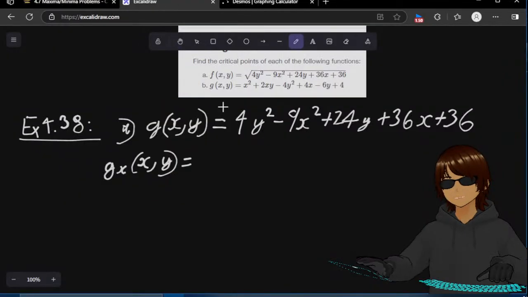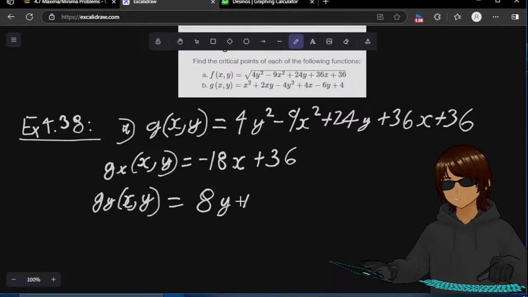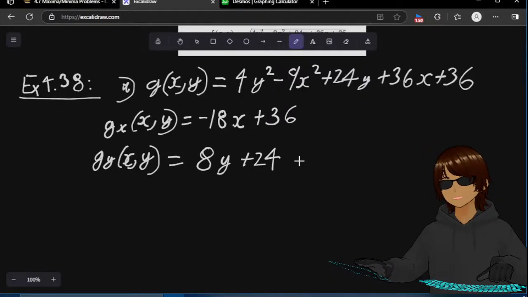Why is this taking so long? This would be 0 minus 18x, 0 plus 36. Partial derivative with respect to y, plus 24. And I forgot the chain rule.